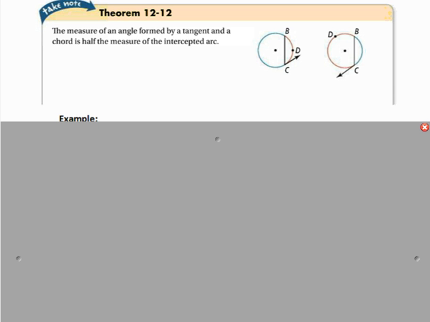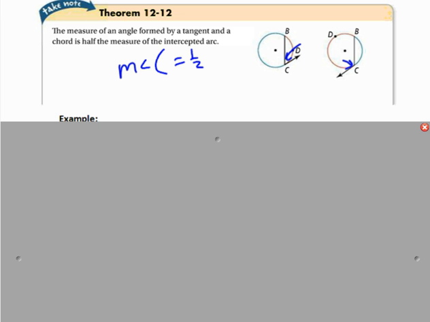So, if we look at the picture here, the measure of angle C, that's right here if we're looking at this one, or right here if we're looking at that one, is half the intercepted arc. So it depends on what you're looking at. It would be the arc BDC.